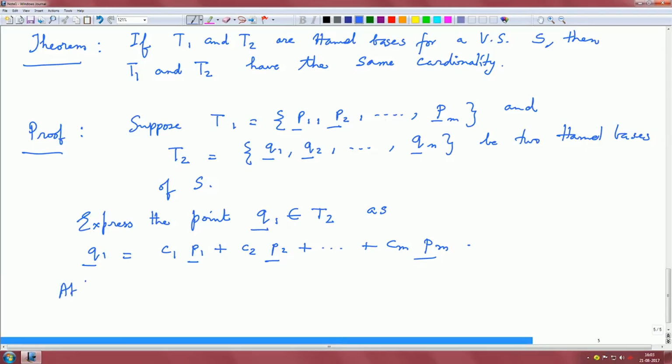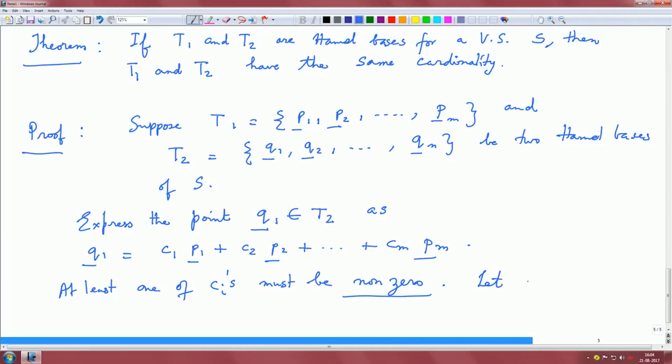Of course, we must say here that at least one of the Ci's must be non-zero, right, because it is a definition of a basis, and let us say at least one of them is non-zero, and let this be C1.